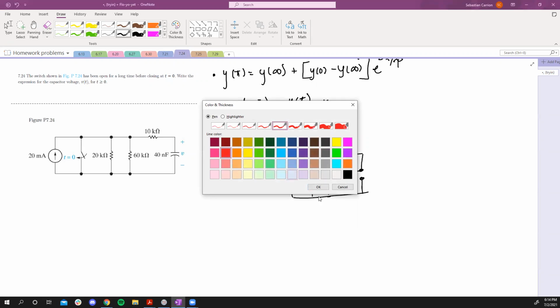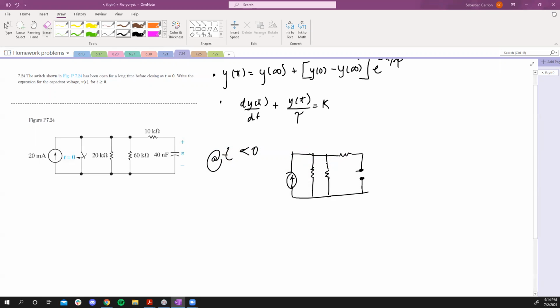So we can go ahead and analyze the circuit and find the voltage. I'm going to call this V2. We're going to find the voltage V2, V1, which is the voltage across the capacitor since our ground is at the bottom.